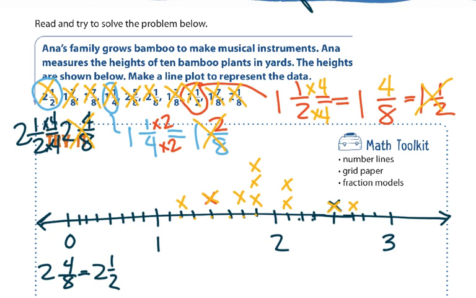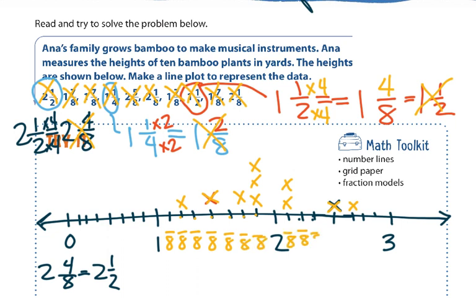Okay, so I'm going to check 1 1/4, 1 1/2. I got to go back and label some of these because I made a mistake. Let's put all these together.